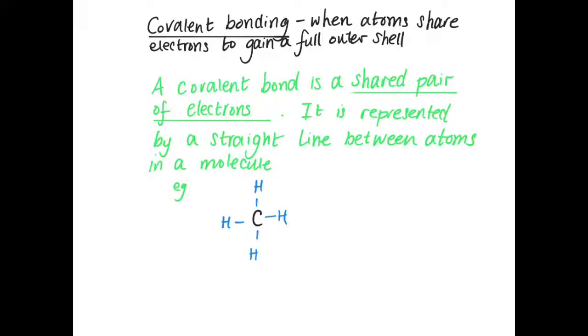If we look at methane, there's 1 carbon and 4 hydrogens, and there are covalent bonds between this carbon and this hydrogen, shown by this bond, this carbon and this hydrogen, shown by this straight line, and so on. That straight line means that carbon has shared 1 electron with the hydrogen, and this hydrogen has shared 1 electron back with the carbon.